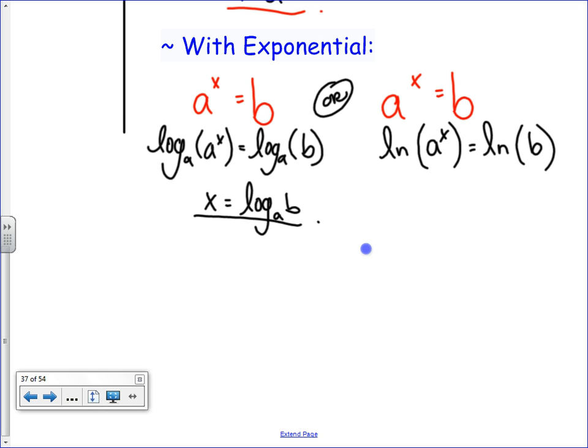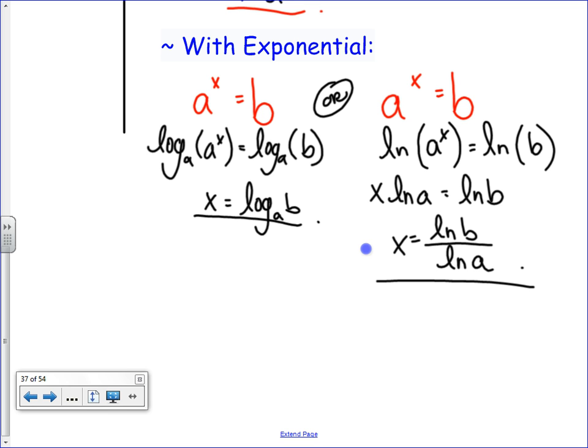Is there a property I could use? Power property? What's power property tell me? If I have any log of an argument to an exponent, I can bring that exponent to the front. Does that help? Yeah. I just got the variable out of where he was trapped. He was trapped in a to the x, but now, well, now it's way better. So now I can say x is equal to ln of b all over ln of a.